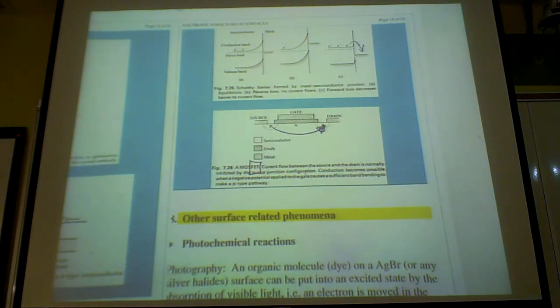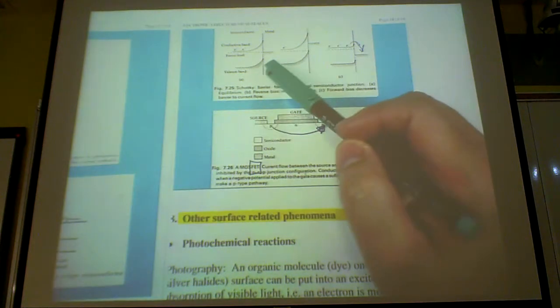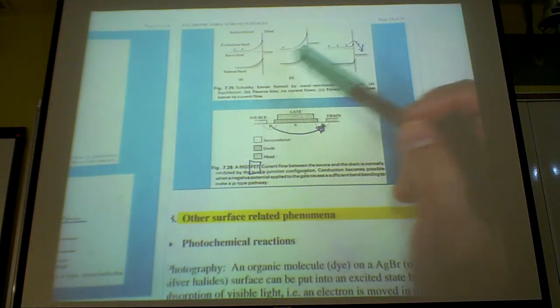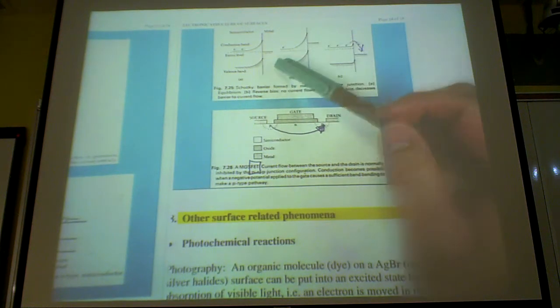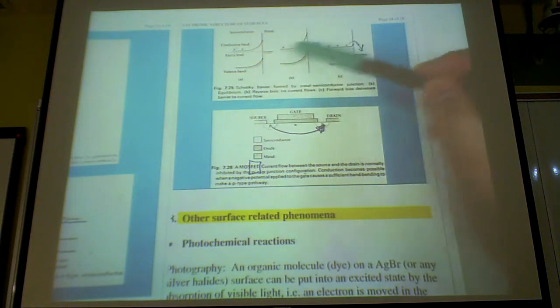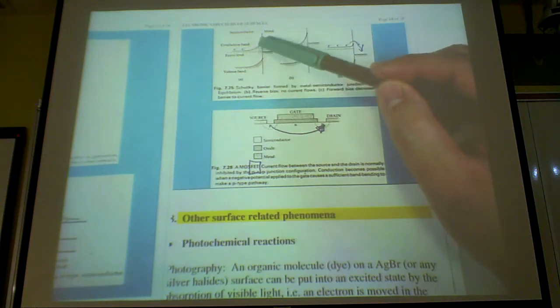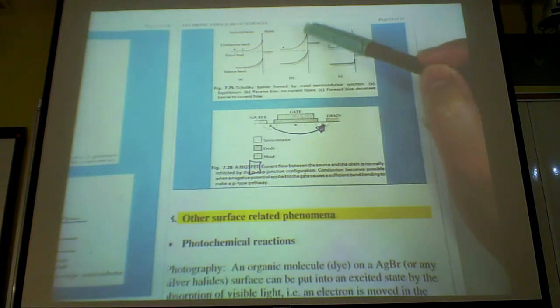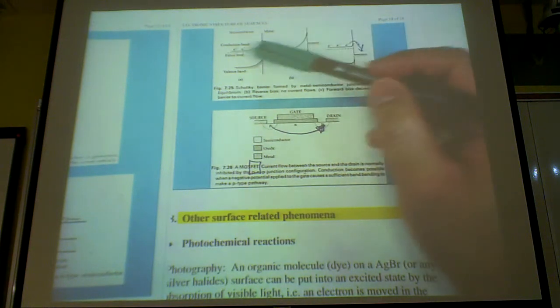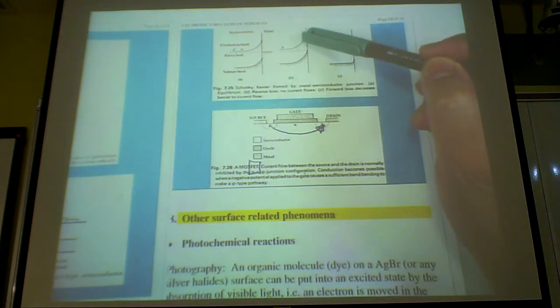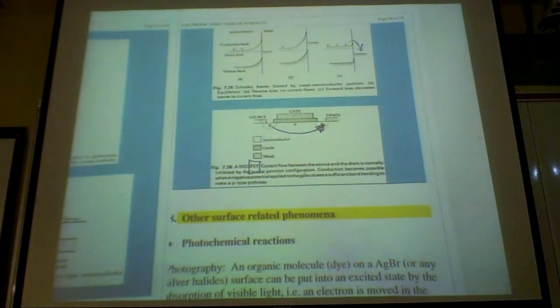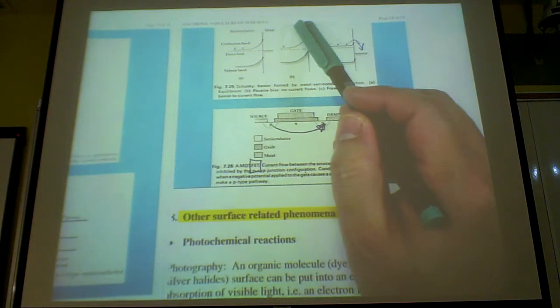What you could do is apply a potential on this metal. You can apply a high potential, which in effect raises the Fermi level, and then no electron can go through because you're making this barrier height even higher.